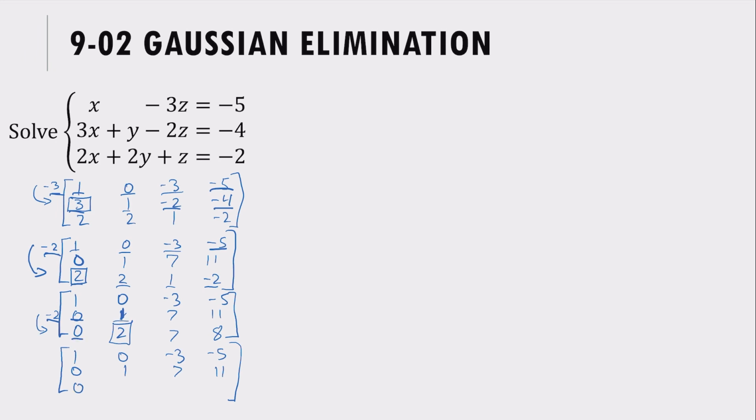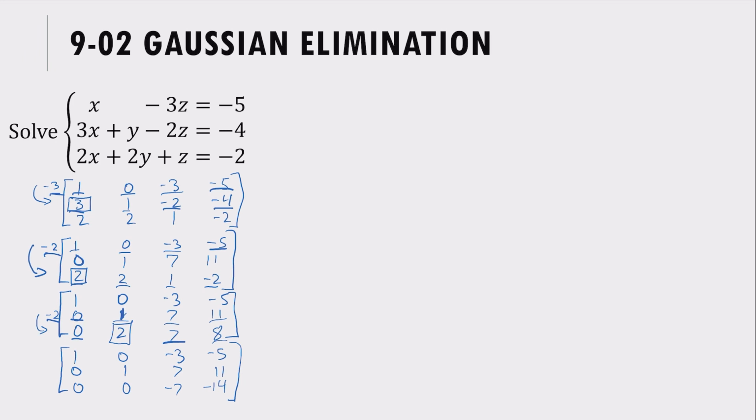Negative 2 times 1 plus 2. Negative 2 times 7 is negative 14, plus 7 is negative 7. Negative 2 times 11 is negative 22, plus 8 is negative 14. All right, we're done with that column.